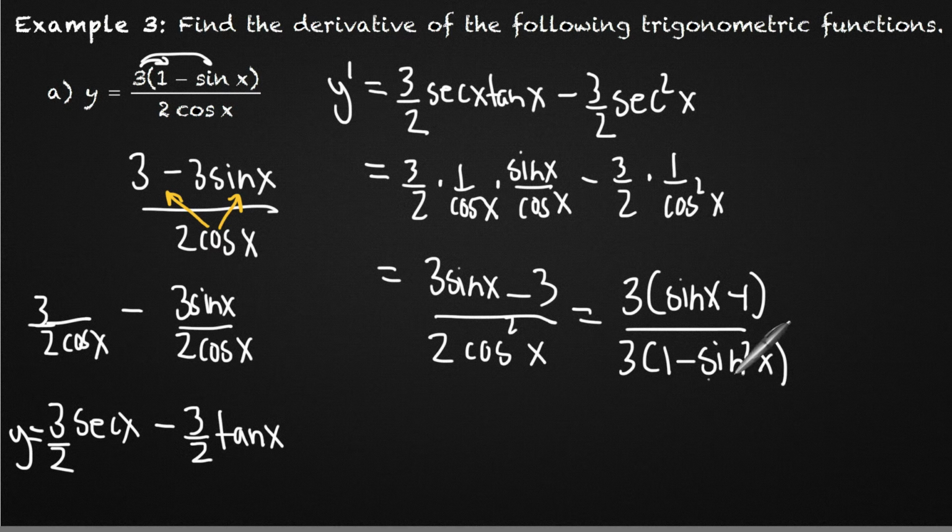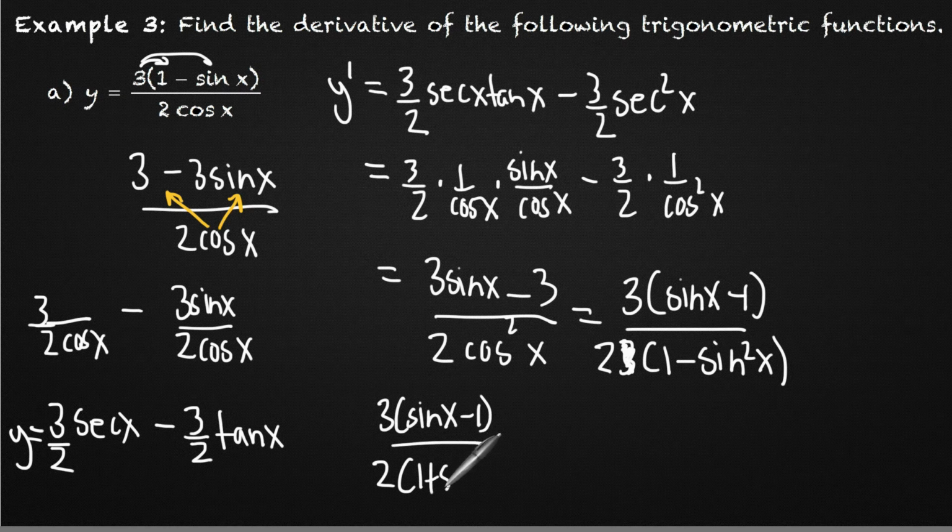We do that because we can now factor 1 minus sine squared. It is a difference of 2 squares. And this should actually be 2, now that I see. Made a little mistake. So we're going to have 3 times sine of x minus 1 over 2, and then 1 plus sine, and 1 minus sine x.